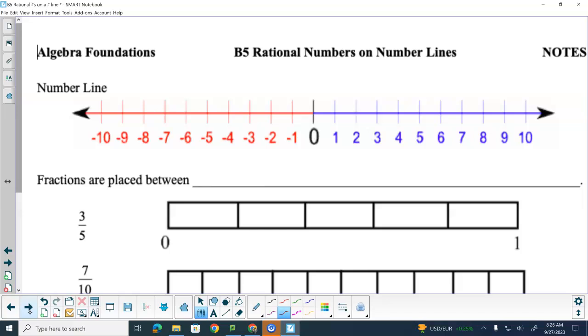But now today we're going to go with weird ones, because we're going to have fractions that we're going to place in between two numbers. So we're going to put the fractions on the number line. For instance, 3/5 is a fraction. It's less than 1.